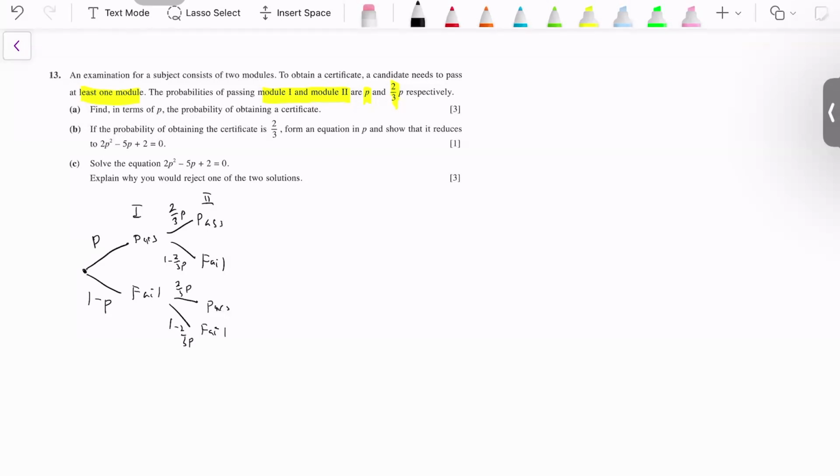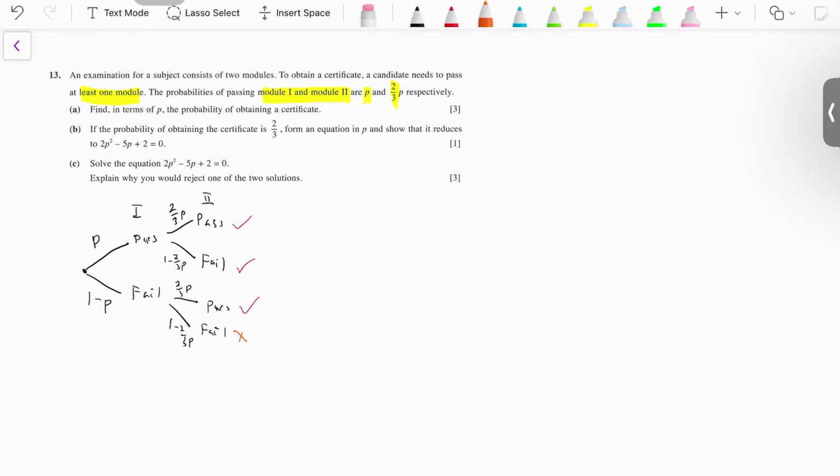Okay. They ask what is the probability of you obtaining a certificate. Ultimately, you just need to pass one. So it's either you pass both, you pass module 1 and fail module 2, or you fail module 1 and pass module 2. We can either add up these 3, or we can use the reverse, which is 1 minus the outcome that we do not want, which is failing both.